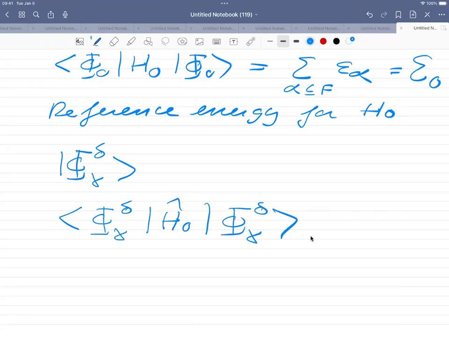Now, this specific state is now given by a B, these new operators of a delta dagger. So I'm creating a particle state.